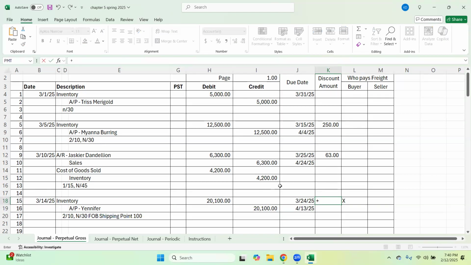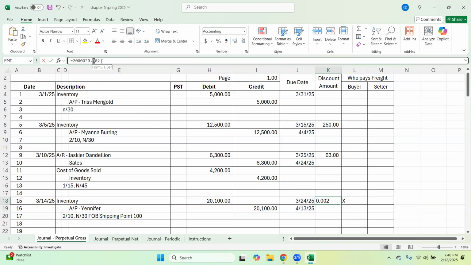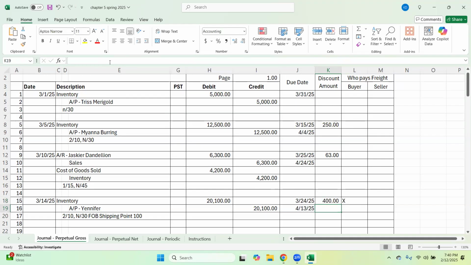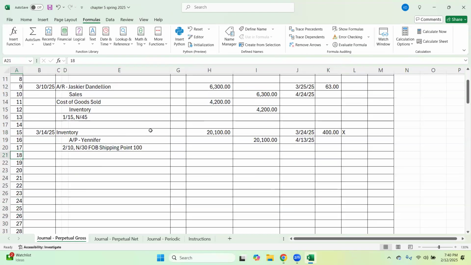So the only thing we can take that discount of 2% on is the 20,000, which is the actual inventory. Okay. 20,000 times. There we go. Much better. I knew that was a little off. Okay. So we've got that information down there for us. Yay. What more in life could we want, right?